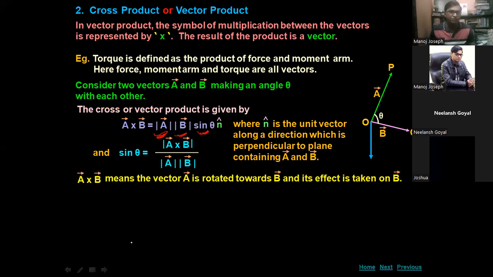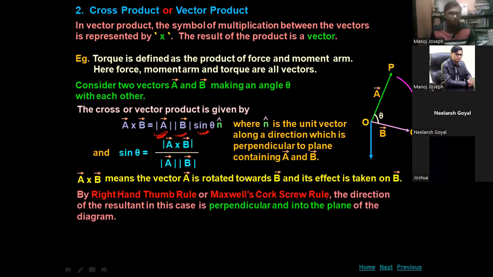So A cross B, vector A cross B, means vector A is rotating towards vector B, and its effect is taken on B. Here OP is representing vector A, and OQ is representing vector B. By the right hand thumb rule or Maxwell's corkscrew rule, the direction of the resultant in this case is perpendicular and into the plane of the diagram.